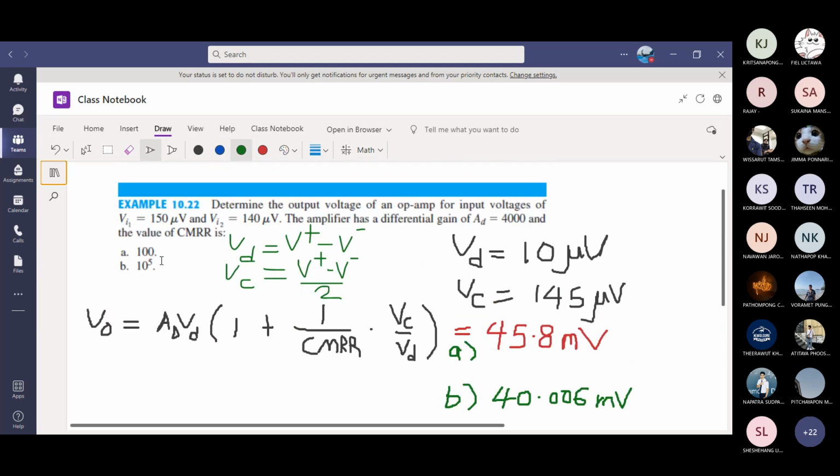In the case of A, when the common mode rejection ratio is 100, calculate the output voltage. We know AD 4000 multiplied by 10 microvolts and then 1 plus 1 over 100 times Vc over Vd. In the case of 1, you have an output voltage of 45.8 millivolts.